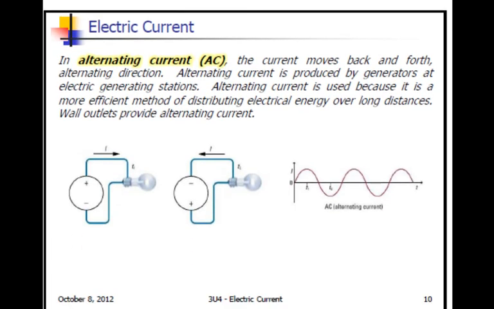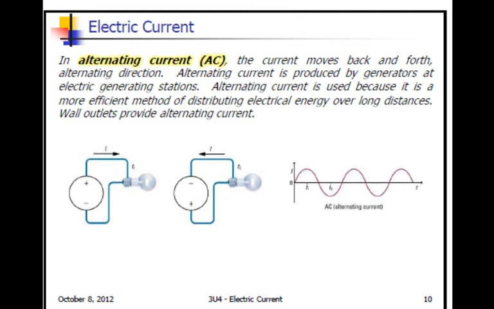Another type of electric current that we have is alternating current. This is when we have a sinusoidal output of our electric current, and the reason why this type of current is useful is that it's more efficient to distribute electrical energy over longer distances, and you have the option to power more complex devices.